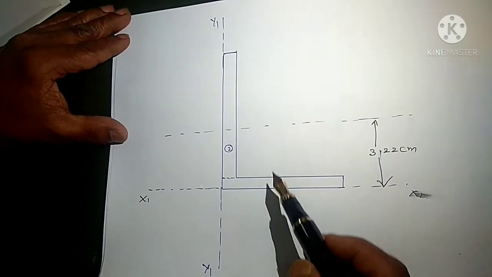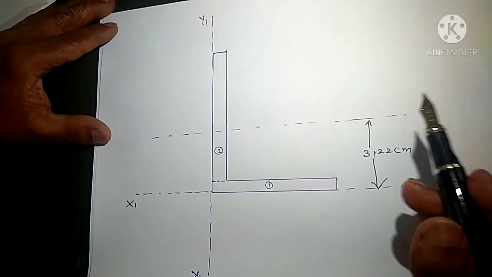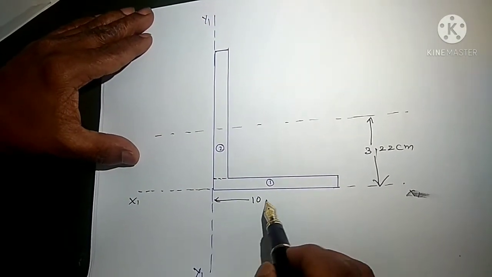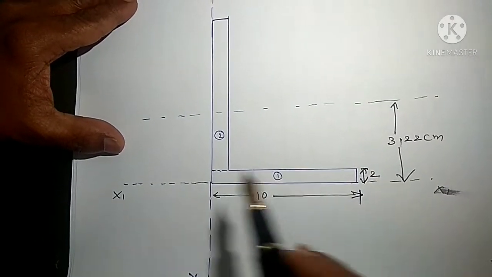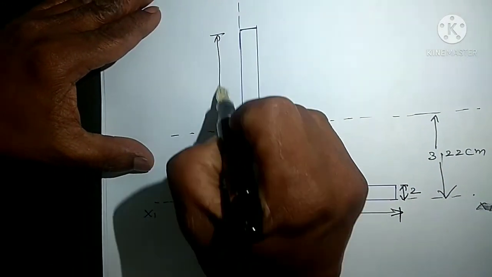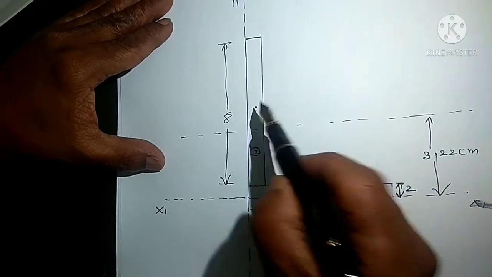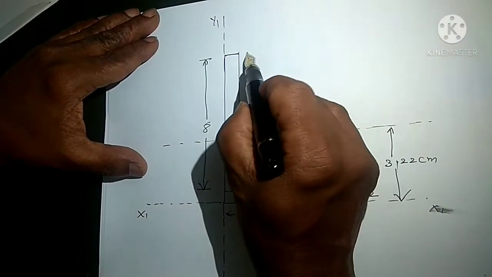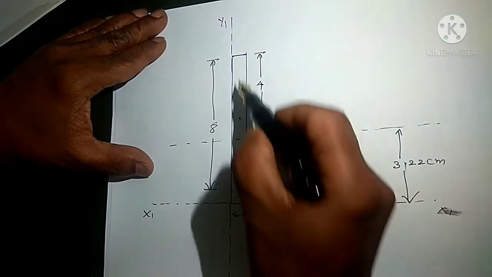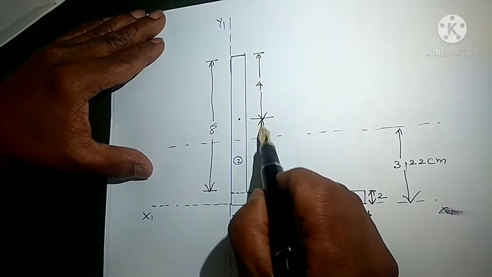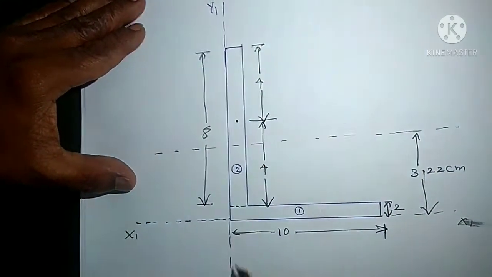So in order to find that, we have to find the x bar. For that purpose, I am considering the first component. This is 10 and this is 2, and for the second component, this value is 8. Considering the second component, this value is 4, through which the horizontal centroidal axis of that component is passing. We are considering this reference axis.